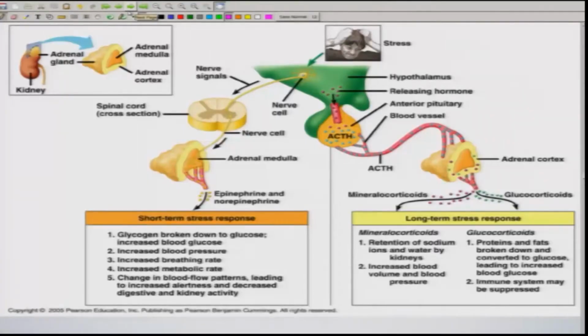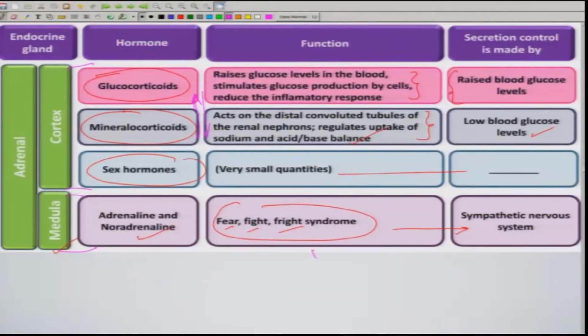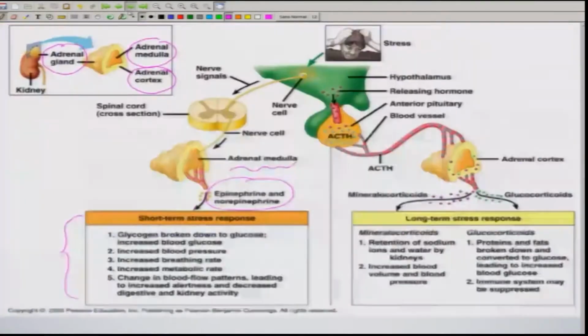Now coming back, again this is where you have the adrenal gland, adrenal medulla, and adrenal cortex. These are the short-term stress responses because of the epinephrine and norepinephrine secreted by the adrenal medulla. If you remember, in the previous section I told you this is where the sympathetic and parasympathetic come in, and that was the reason why I was not covering the sympathetic and parasympathetic.